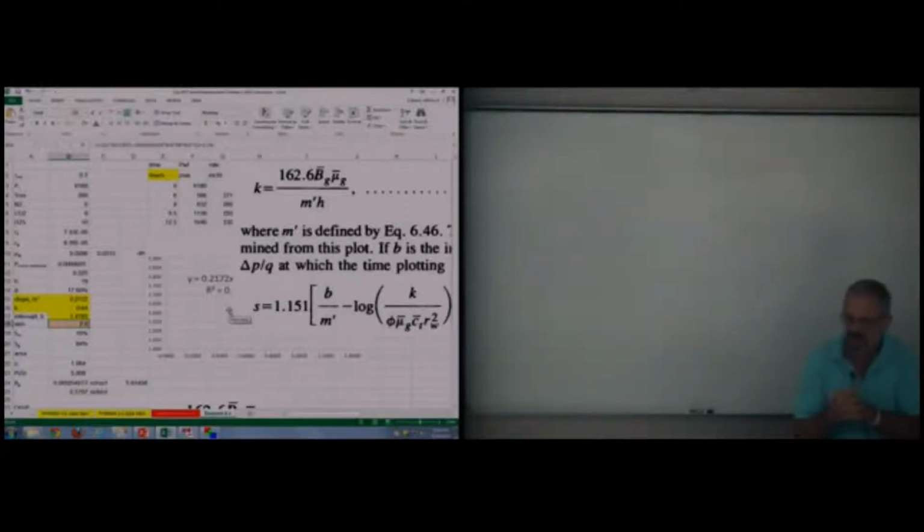The next one we're going to look at is a constant pressure drawdown. We've just looked at a variable rate drawdown. In addition to drawdowns of several types, we have buildups of several types. And engineers used to really like buildups because the data was smooth, because it's hard to keep a well producing at a constant rate or a constant pressure.